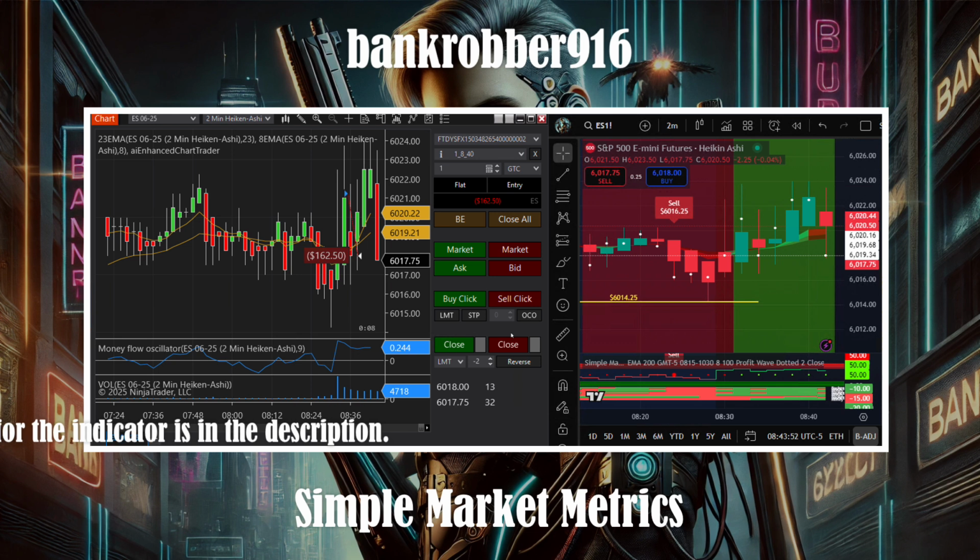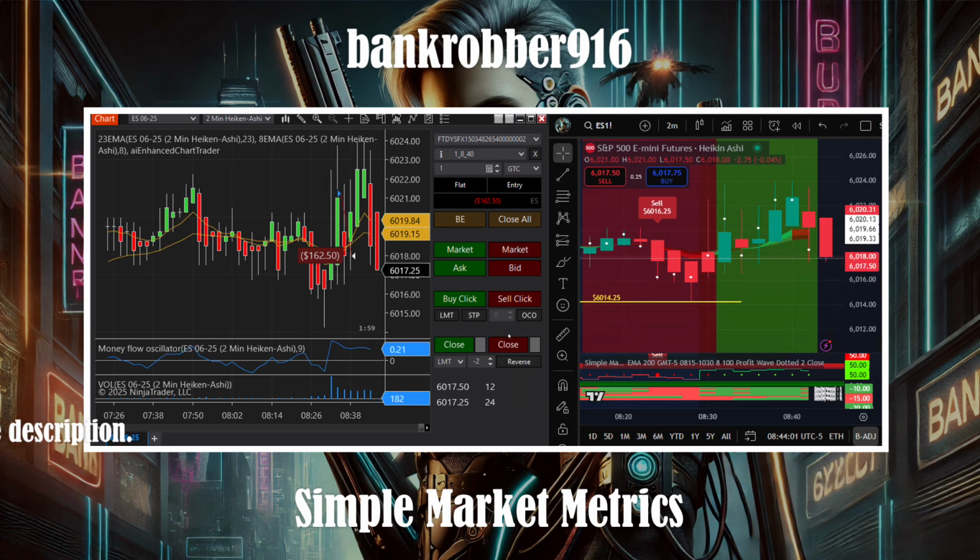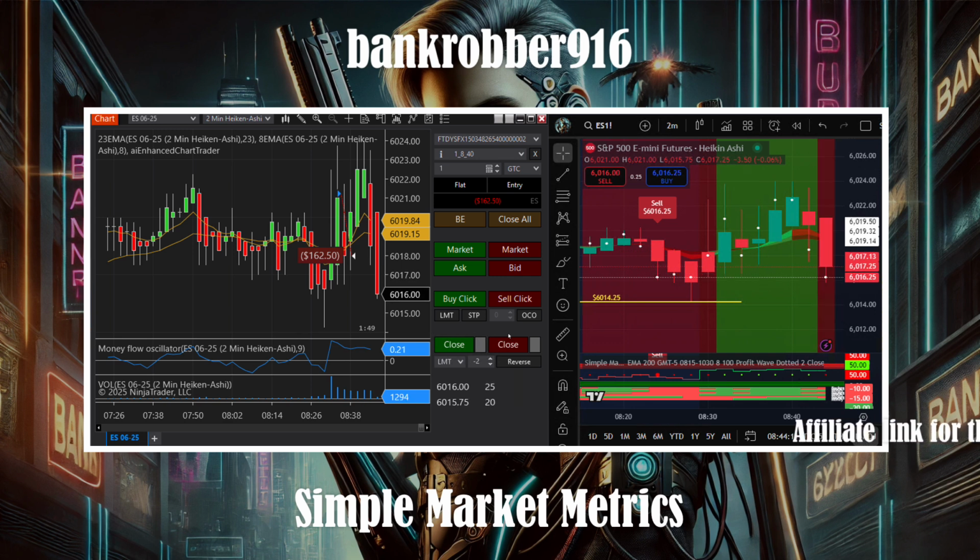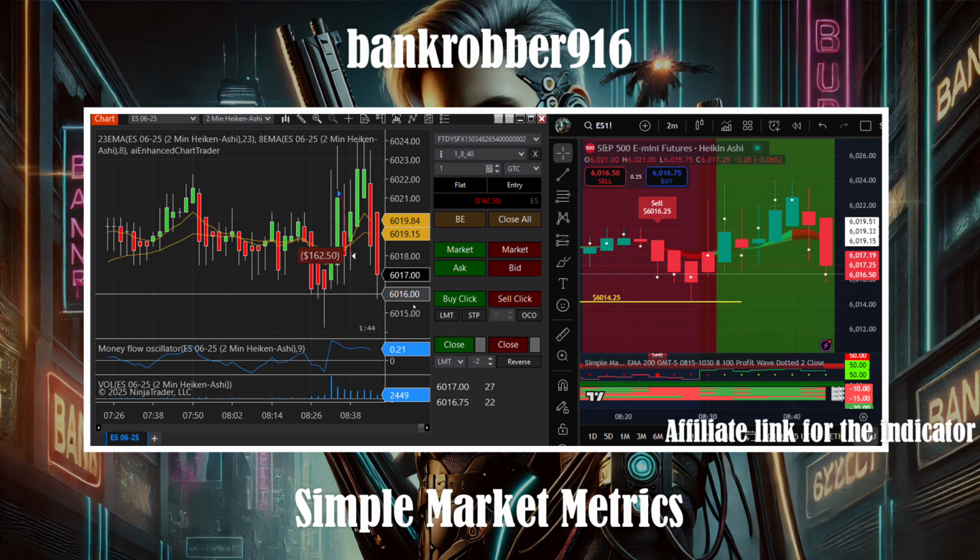There's a serious candle down. So if it stays around 16, the background will probably stay red.